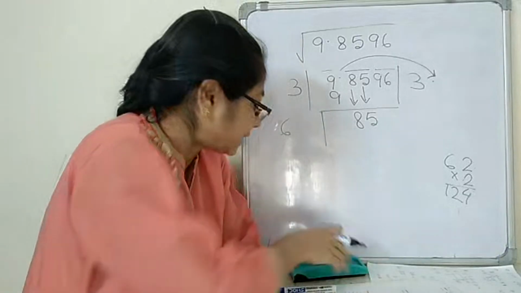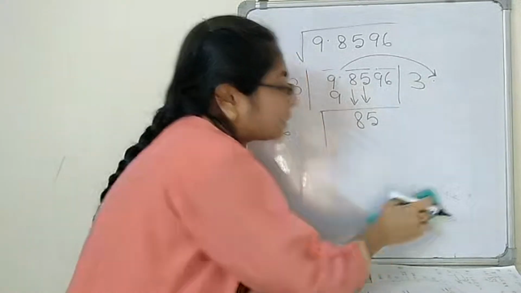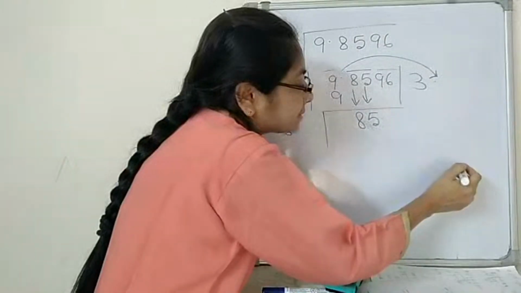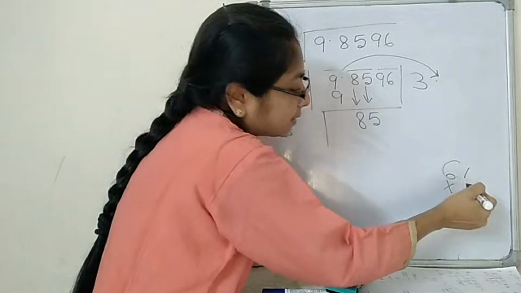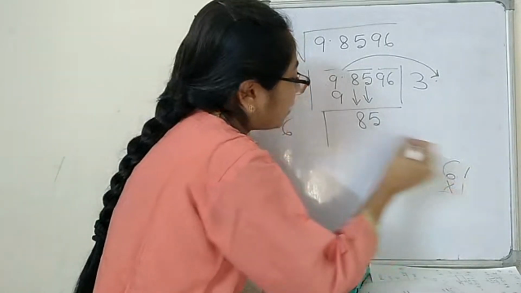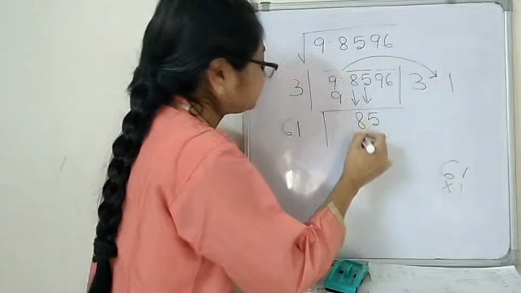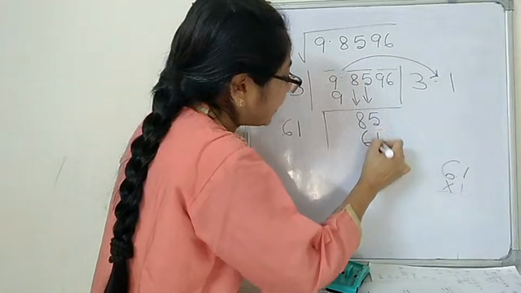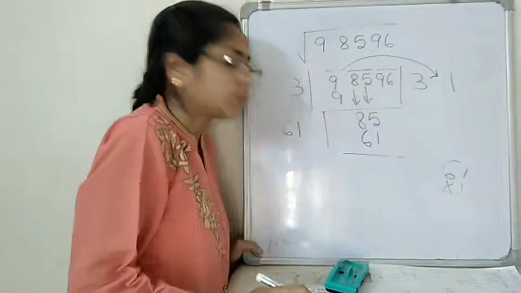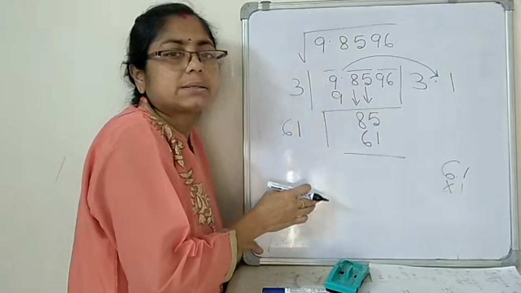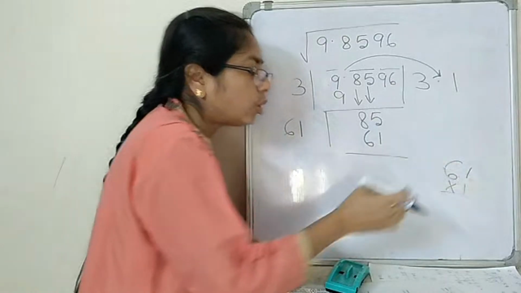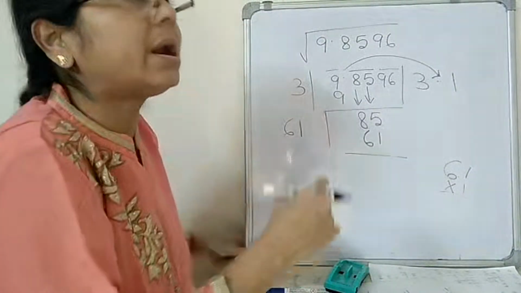So what's the next step? We try 1. I write 6, 1. Multiply by 1, it is 61. I put 1 here, 1 here, 61 here. Clear? We can put any numbers. First I put 2 and multiply the full number by 2.